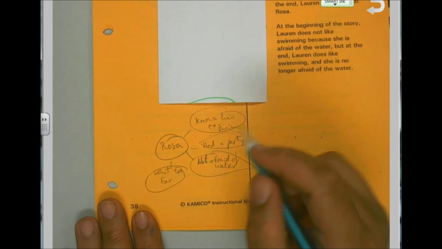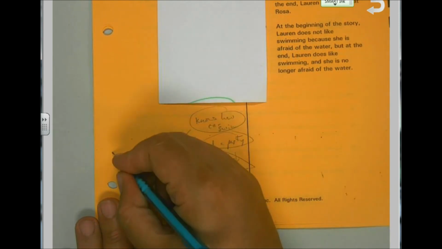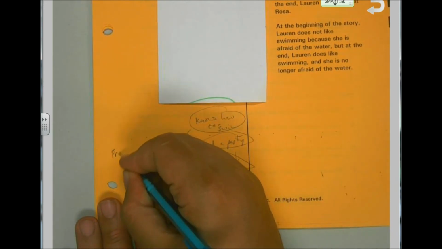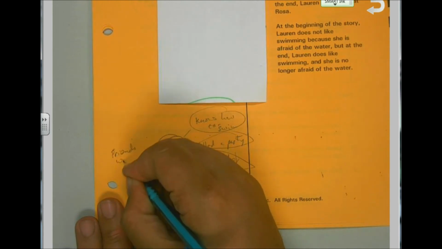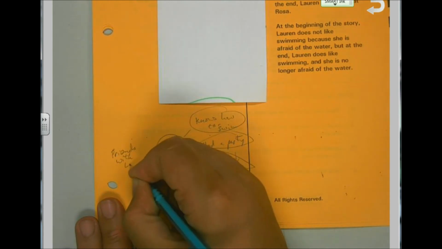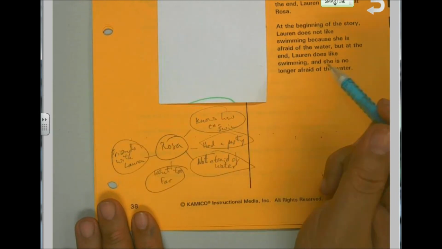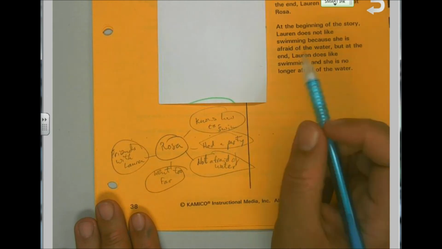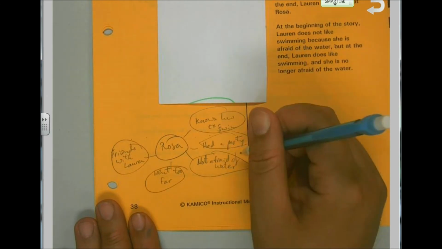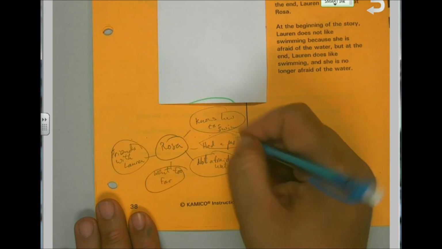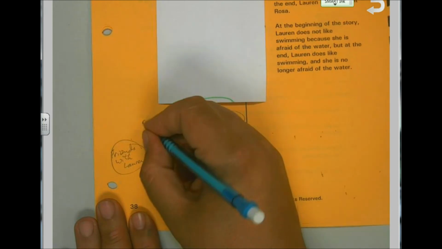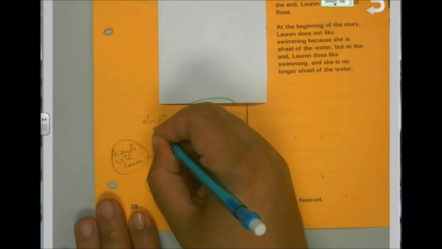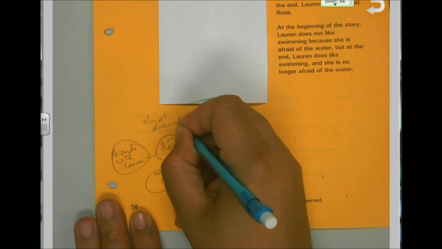Anything else? Is friends with Lauren. Okay, what else? Is there any information I'm missing? Almost drowned. Do we have it? No, we don't. Almost drowned. Okay, I think we have most of it.